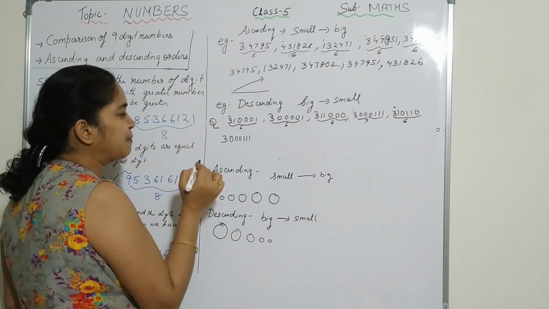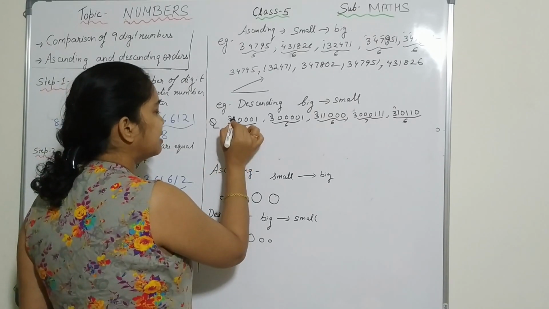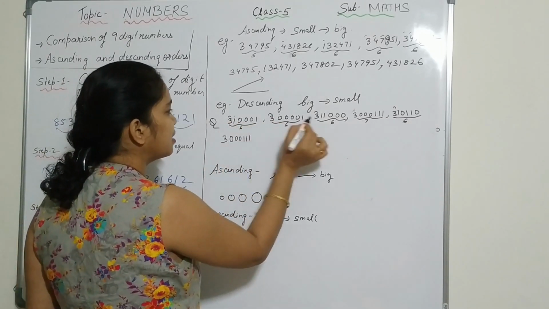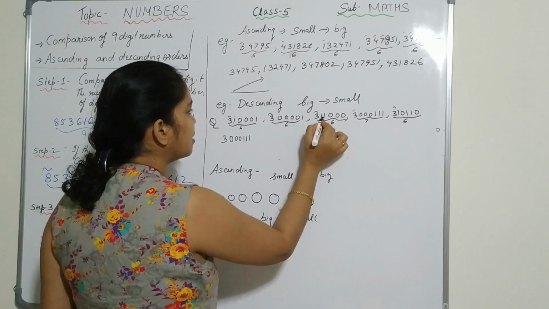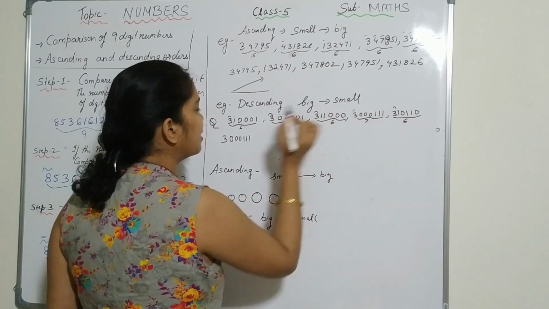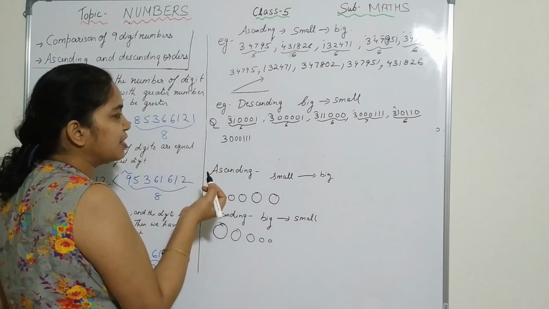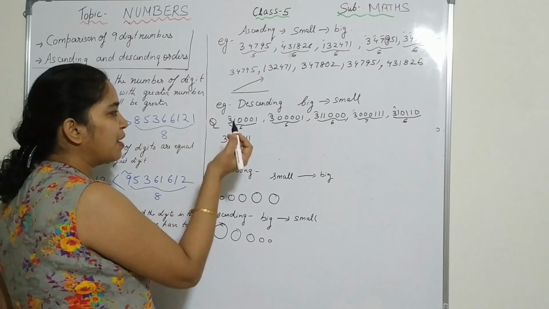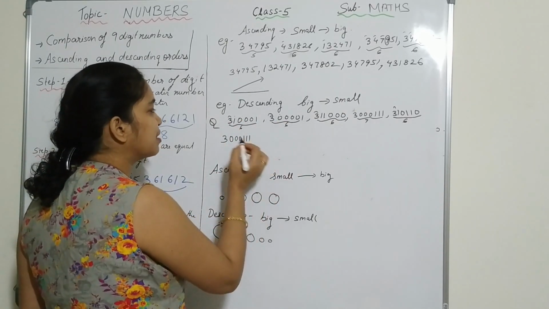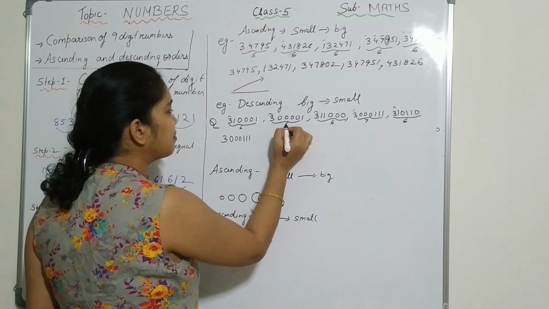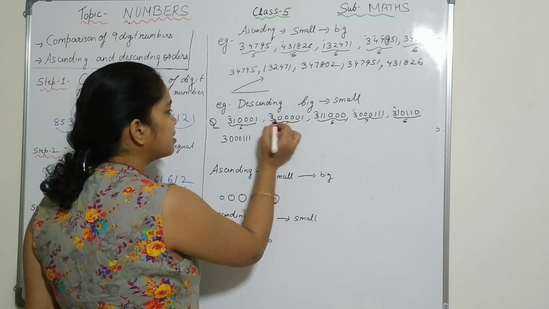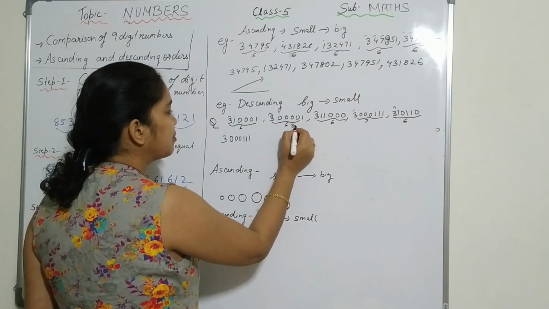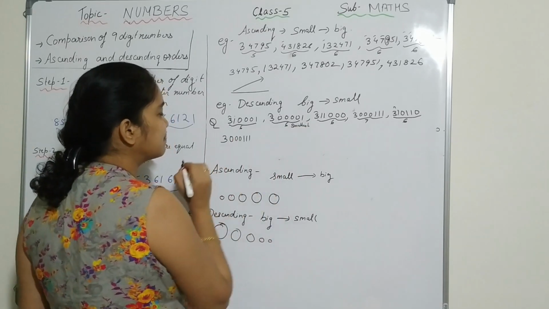Now we have to compare the second digit. Second digit is 1 here, 0 here, then 1 here, then 1 here, then 1 here. So where it is 0, that one is the smallest of all, because its second digit is 0.